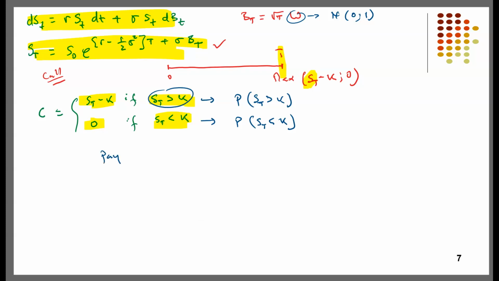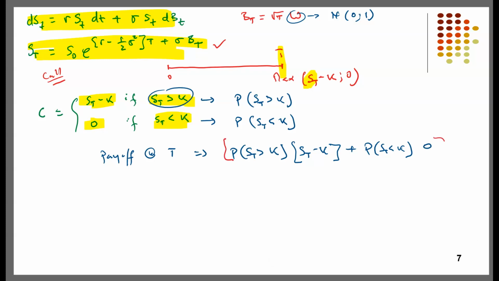Our payoff at time t is going to be equal to the probability that the stock price is above the strike price multiplied by the payoff in that case, which is ST minus K, plus the probability that the stock price is less than the strike price, and the payoff in that case is 0. That's the payoff that we have.